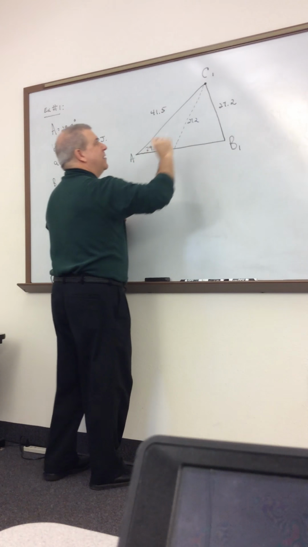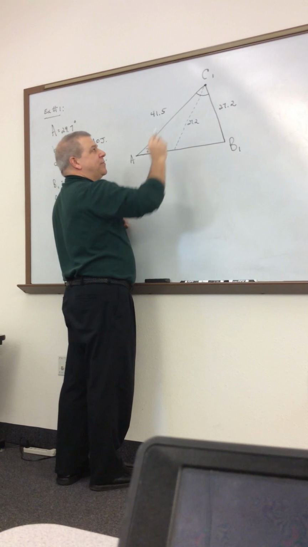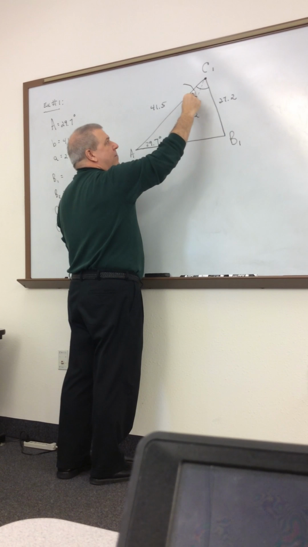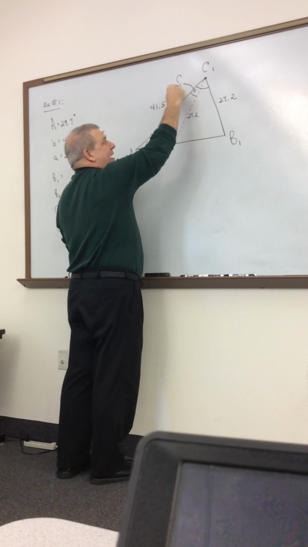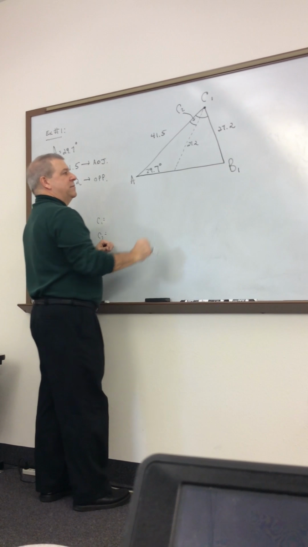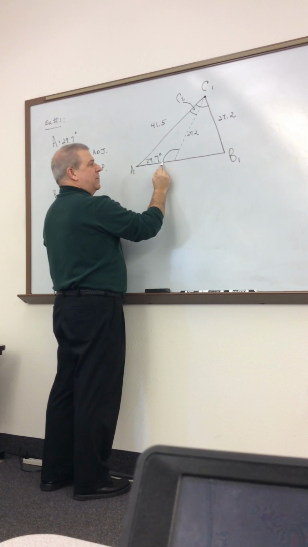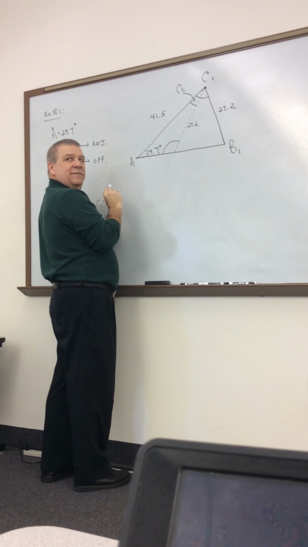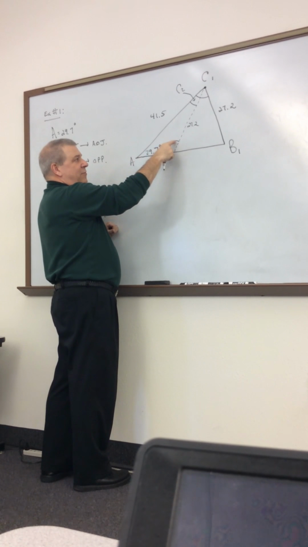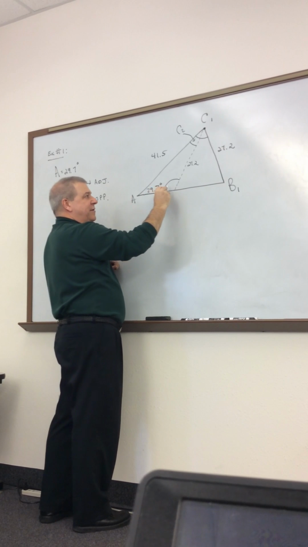Okay, now, there's C sub 1, the big one. That little one is capital angle C sub 2 for the little one. What angle is that? Please pay attention. What angle? See, there's the second triangle right there. How did I label that angle right there? Chris? B sub 2.